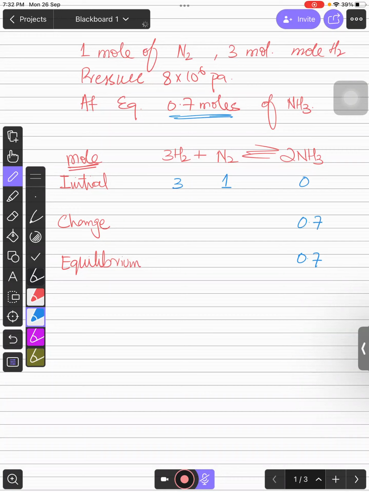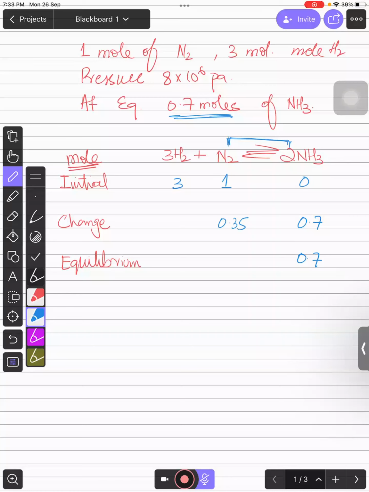Now you can see the relation over here. This is 2:1. So whatever the amount of ammonia produced, half of this will be consumed by nitrogen, right? So definitely 0.35 moles of nitrogen will be consumed.